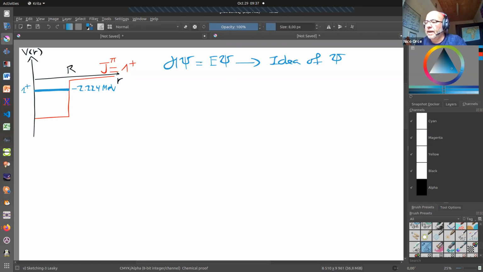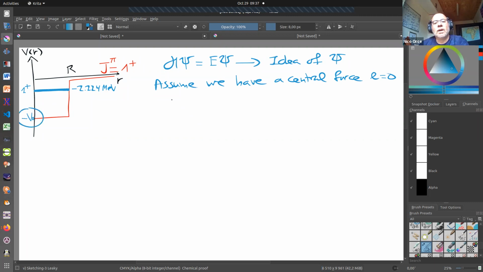So for this, we're going to assume we have a central force, just to make the problem a little bit easier. So we're going to assume that L is equal to 0. So the central potential will vanish, as we shall see in a little bit, and we are going to determine what V naught is.